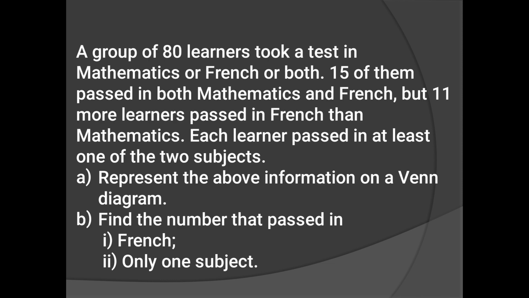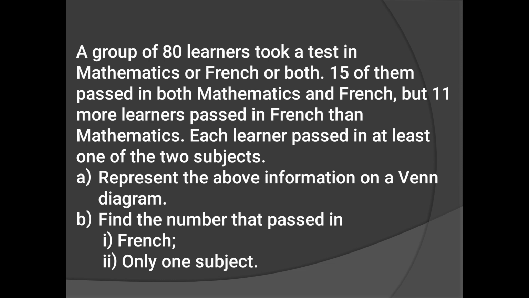No. The 15 is for both, so don't make a mistake. Those that pass in mathematics, we don't know. So what do we do? Great, I just said it. Let a variable represent. So we will use X to represent it. Then French will be X plus 11. You get it? X plus 11. Interesting. So let's move on.